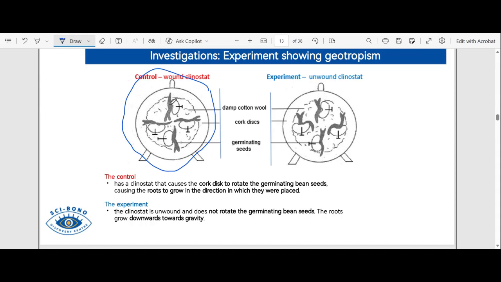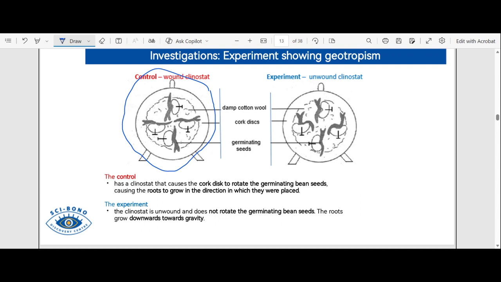This clinostat will also rotate, distributing gravity throughout the plant. Whenever it's rotating, it's just distributing gravity, so that gravity does not heavily influence one side.